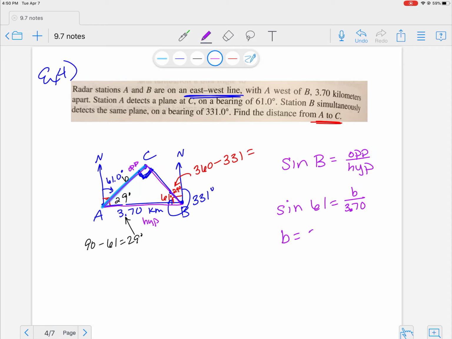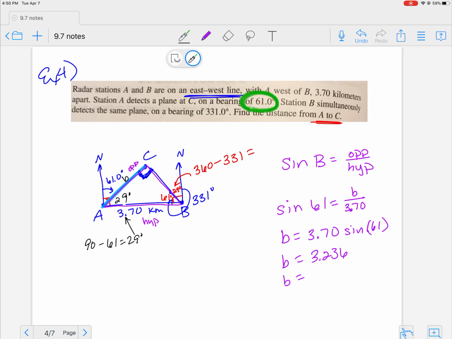So sine of 61 is equal to the opposite, which is that B value, over my hypotenuse, which is 3.70. So B in this instance will be 3.70 times the sine of 61. And then what's that going to get you? Yep. B is now equal to 3.24 or 3.236.